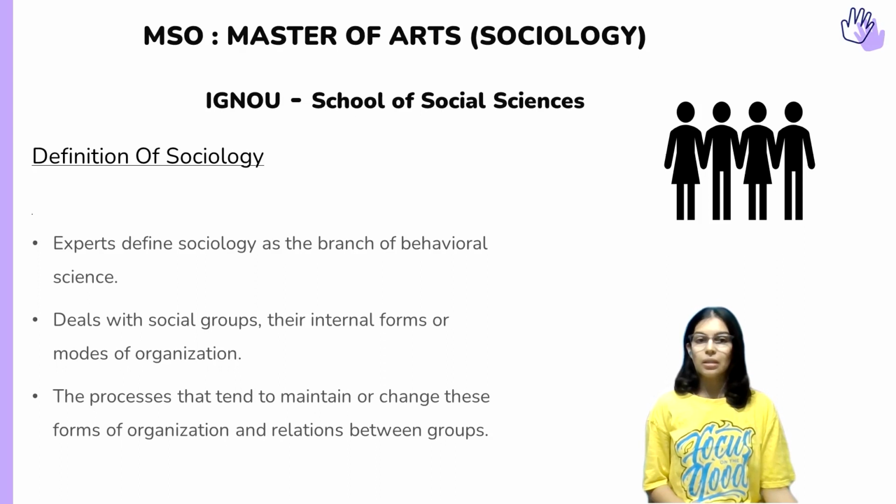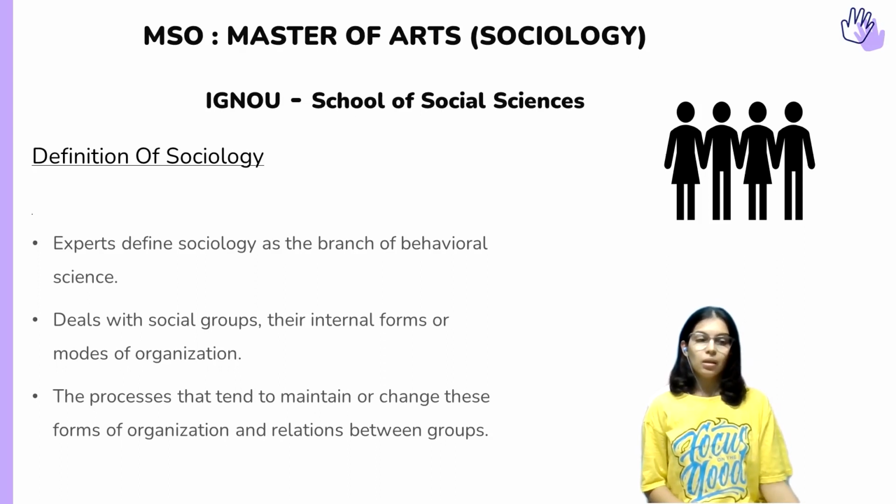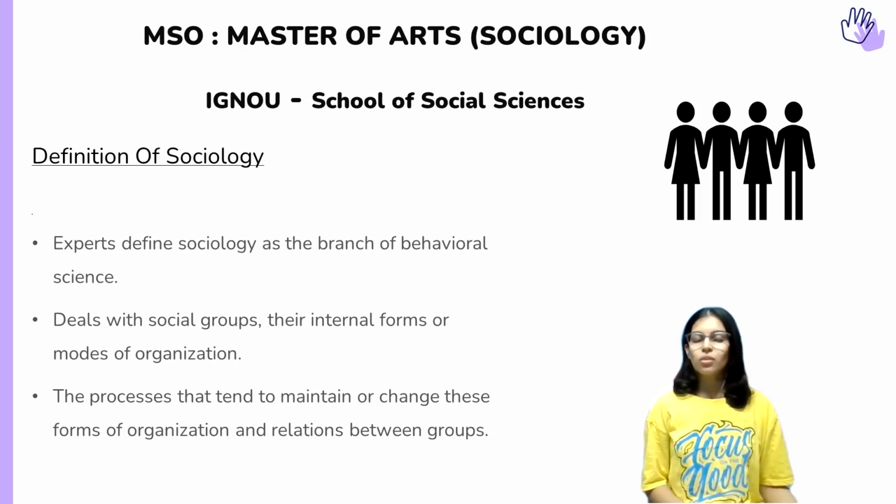How do the social groups organize? How do they come into existence? What are the modes? And thirdly, it is the processes that tend to maintain or change these forms of organization and relations between groups.